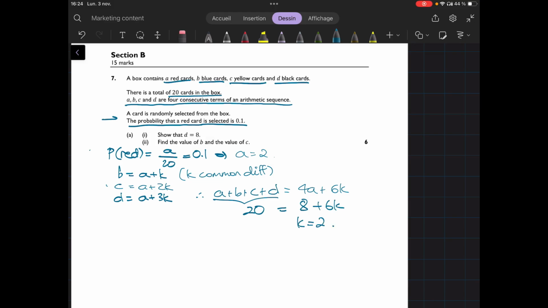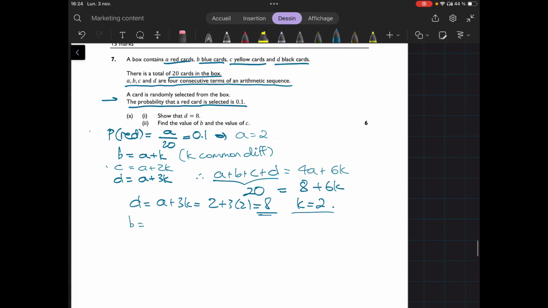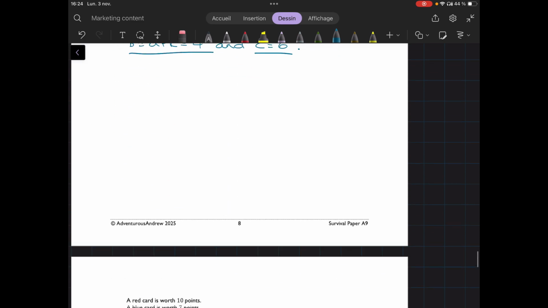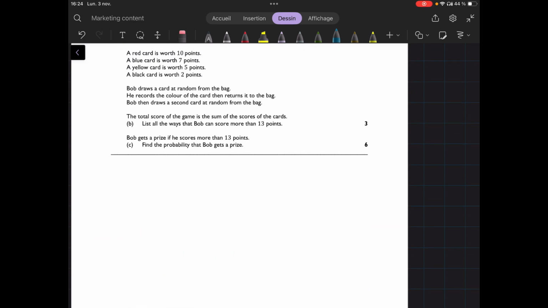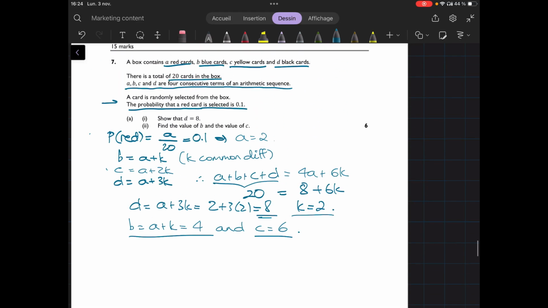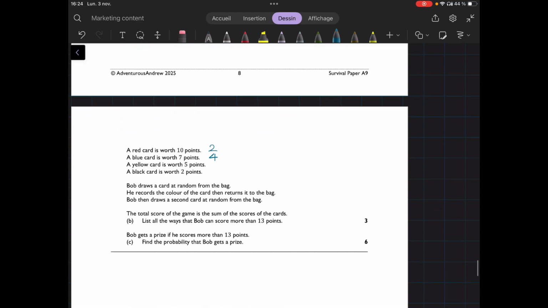Therefore, k is equal to 2, and D is equal to A plus 3k, or 8. B is therefore 4, and C is equal to 6. For the previous part, there are 2 red cards, 4 blue cards, 6 yellow cards, and 8 black cards.